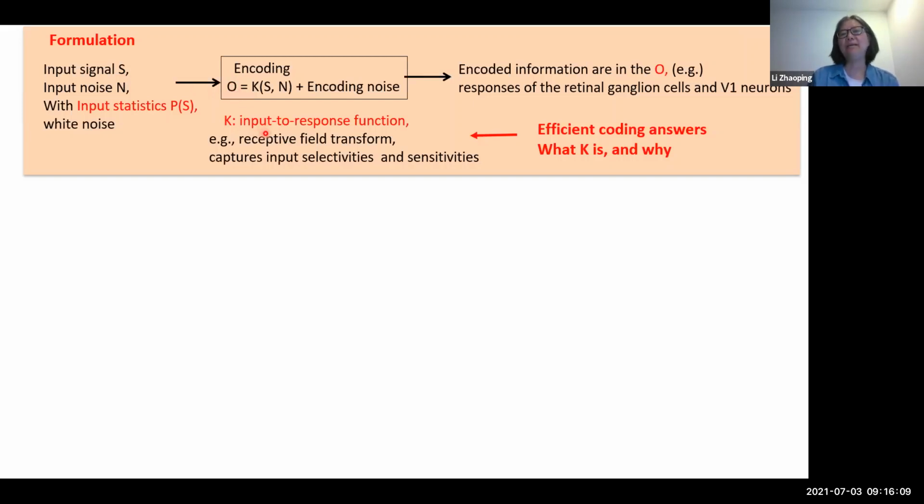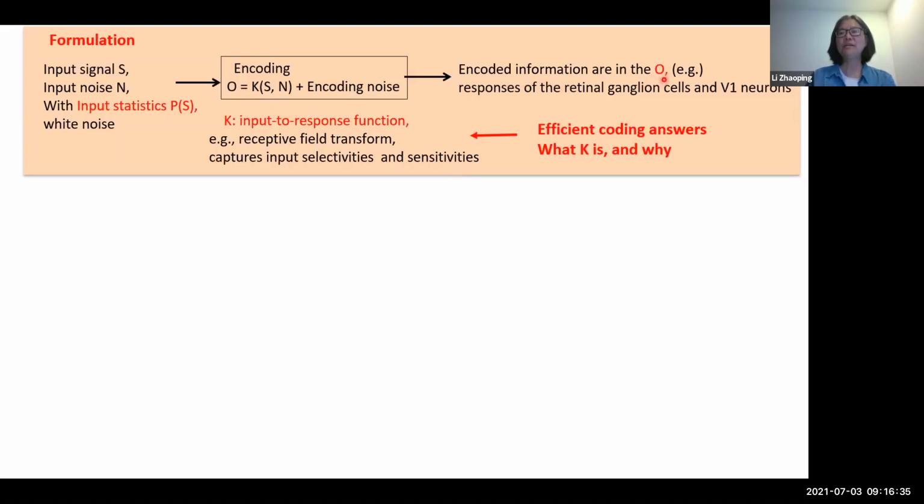Transform it by receptive field, by input response function, contrast response function, whatever you like, to capture input selectivities and sensitivity. Those are the neurobiological terms. In engineering terms, you could say to capture filtering properties. People have probably heard about filters, kernels, and the K stands for kernel.